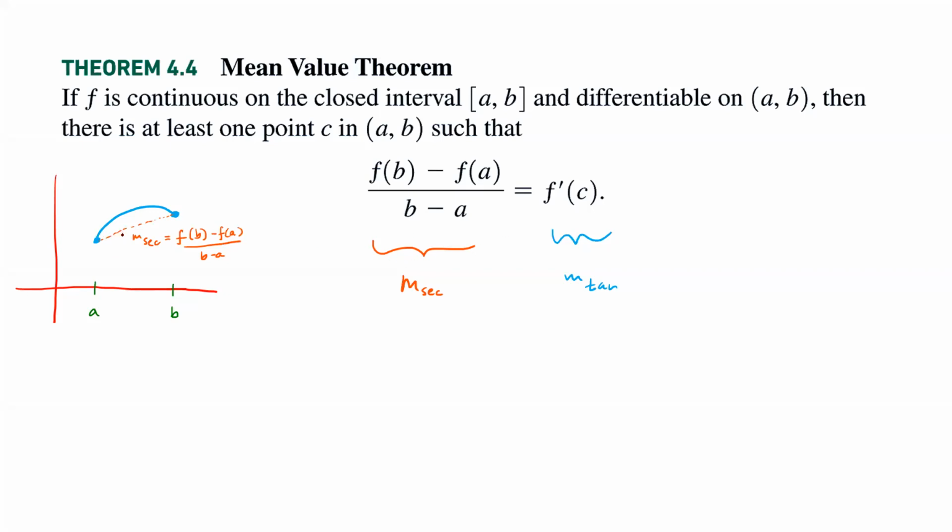And then there's got to be at least one point on the curve somewhere where the slope of the tangent line, if we imagine maybe about right there, is equal to the slope of the secant line. So there's some point c in between here.